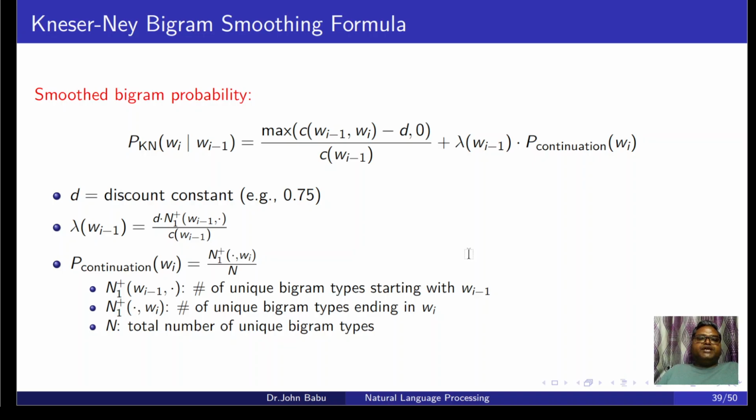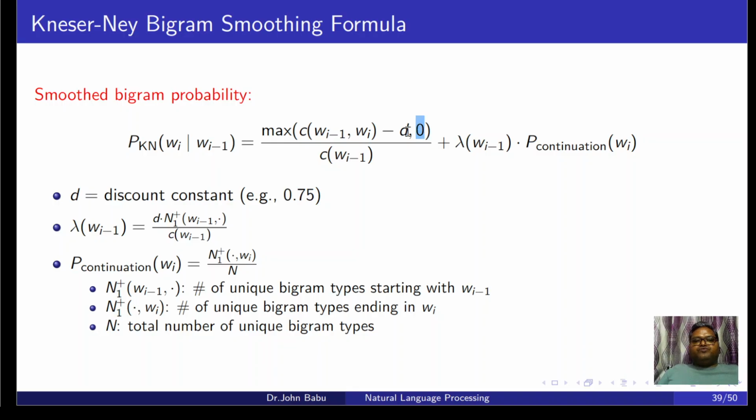So in Kneser-Ney bigram, the formula for smoothing is the probability of Wi given Wi minus 1, calculated as the maximum of the count of the bigram minus d, where d is the discounting factor. We already said that if a bigram or trigram occurs more and more frequently, we need a discounting factor, or 0.